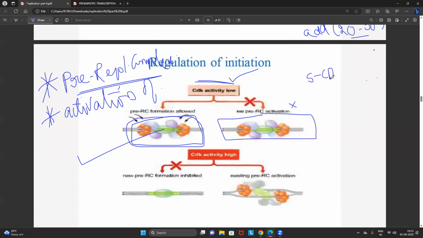If it wants to be active, it requires a high concentration of CDK. But here the CDK activity is low. So what is my conclusion? When the CDK activity is low, the pre-replication complex will form, which means all the enzymes will assemble, but the replication never starts.